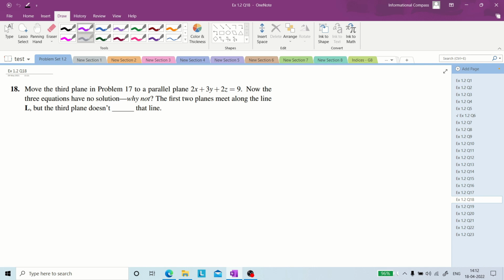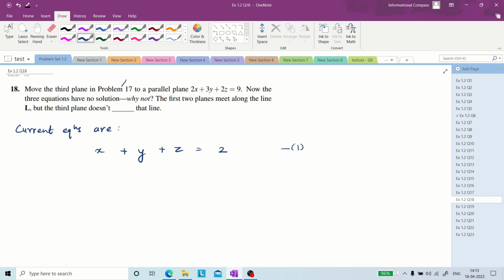So let's start quickly. The current equations are x plus y plus z is equal to 2. Yes, this is equation 1.